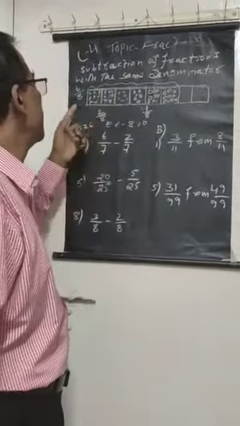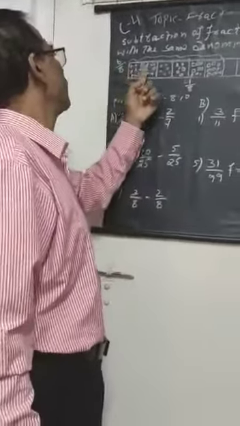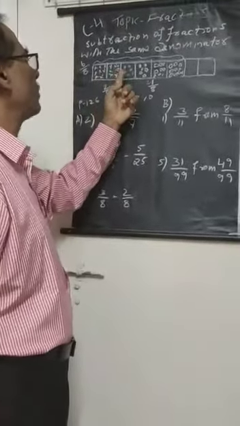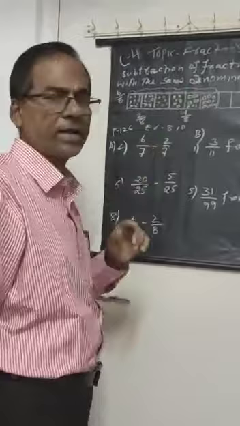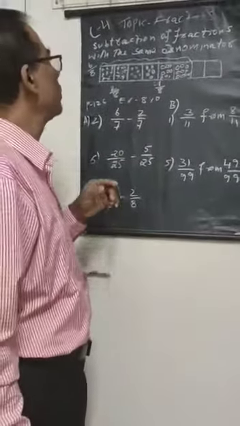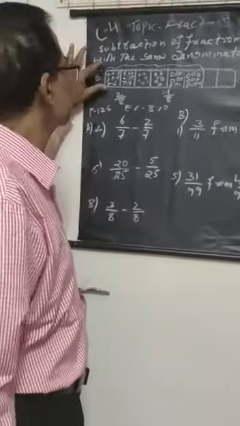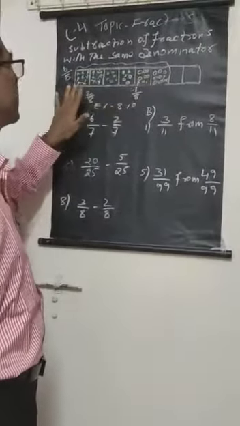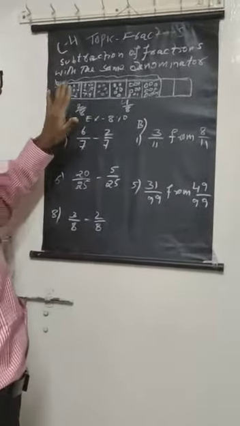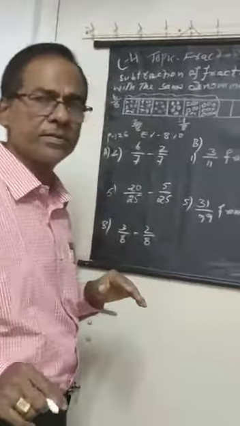Out of this, 2 I shaded with the cross sign. See here, cross sign, 2 by 8. And 4 I have shaded with the circle. Now from 6, the total shaded parts, if we remove this, remove means subtraction.